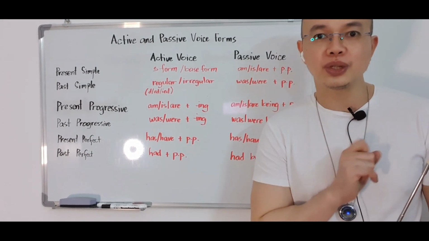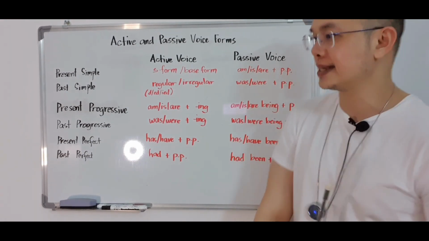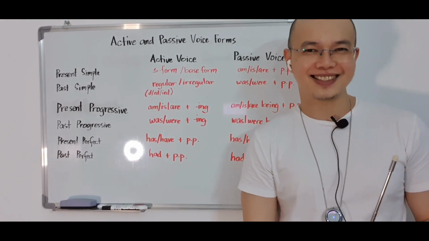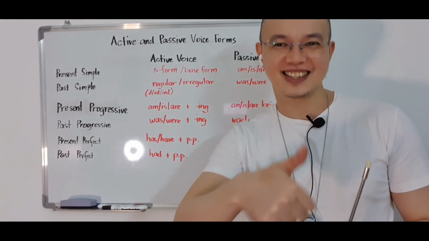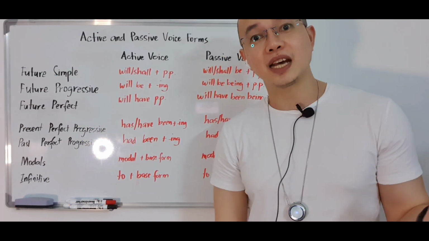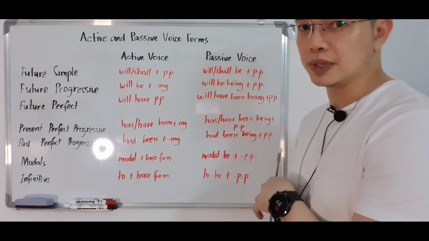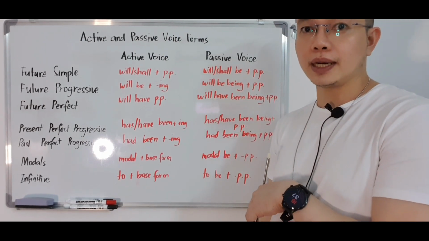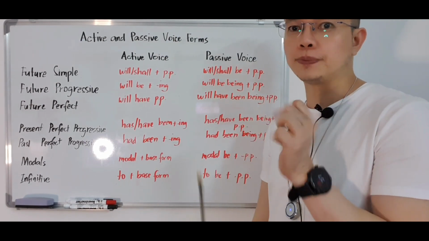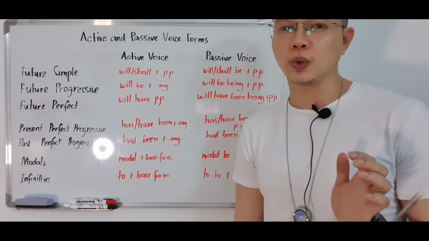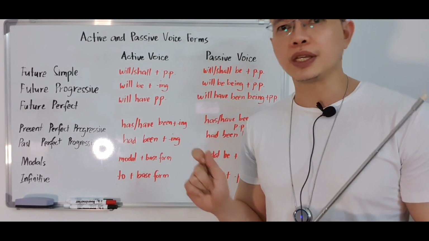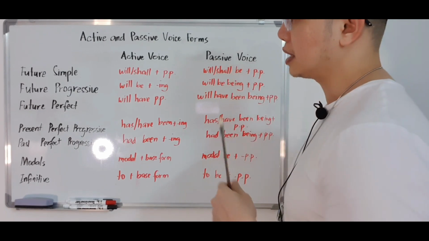We will move on to the next set. All right, stay tuned, guys. We got this. Now let's have the next set of the active and passive voice forms. The reason why I divided it into two sets is that the first set was a little bit easier to remember compared to the second set.